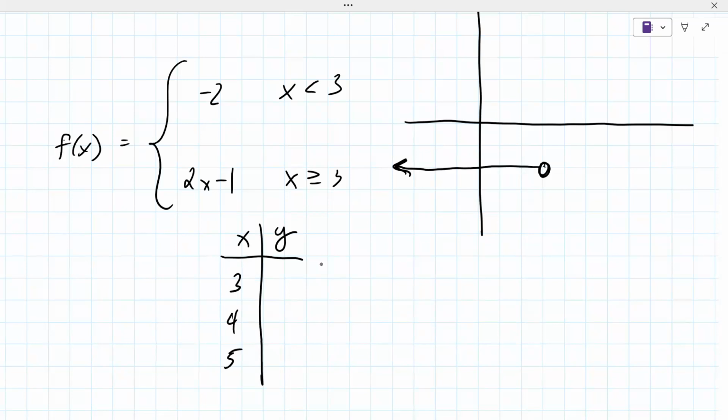What's 2 times 3 minus 1? You have to multiply before you subtract. Oh, sorry, 5. Good. And then 7. And then the last one, what's the bottom number? 9.